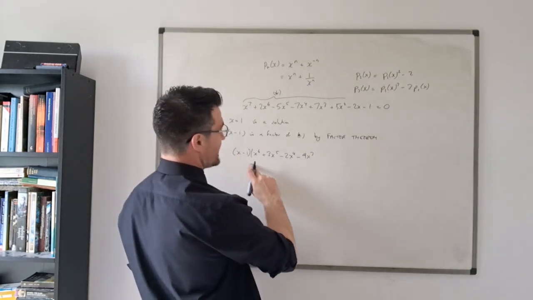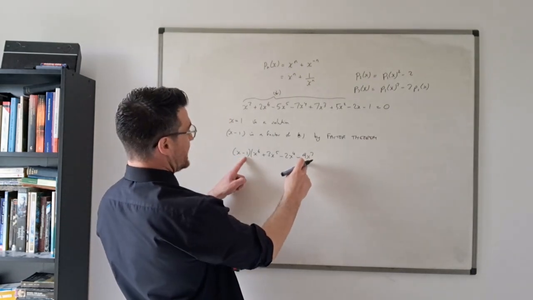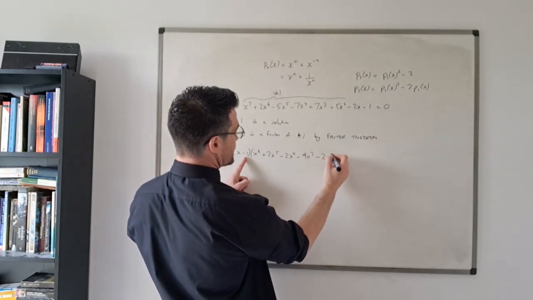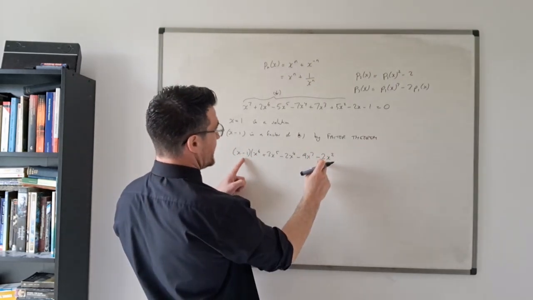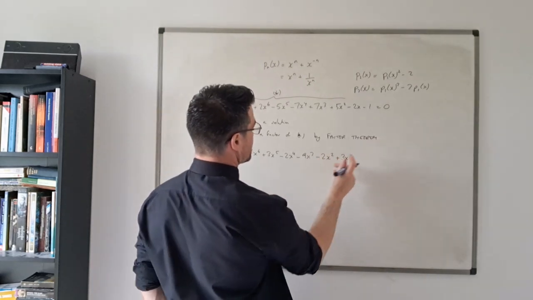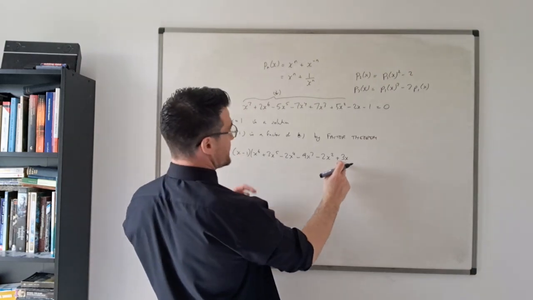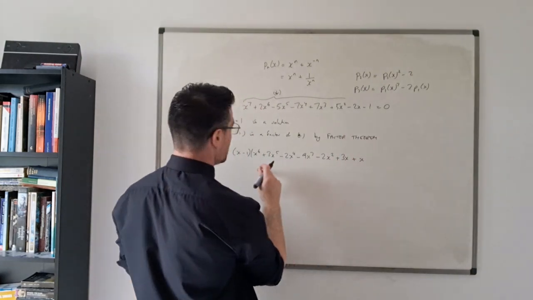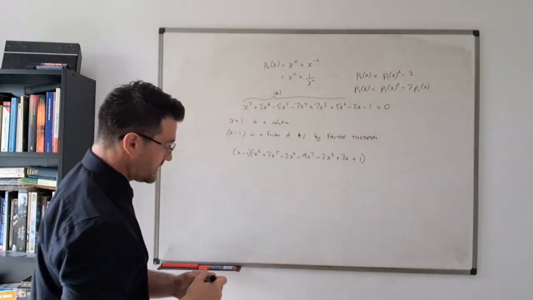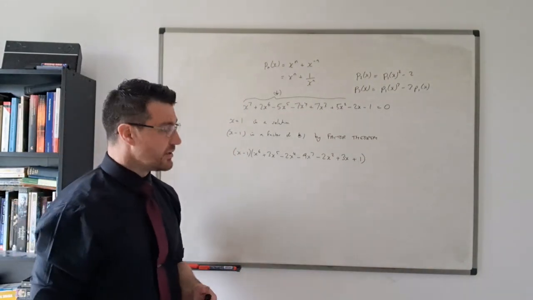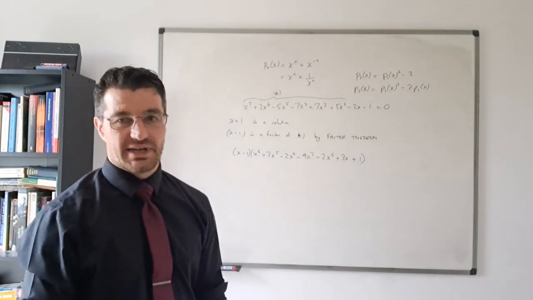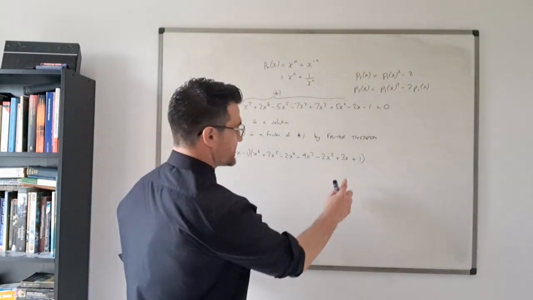If I were to expand that out, I'd get a 9x cubed, so I need a minus 2x squared. I'd get 2x squared, so I need a plus 3x. There I'd get a minus 3x, so I need a plus x. A plus 1, and that does me. So that saves me the business of doing algebraic division. I hate doing algebraic long division. Such a bore.